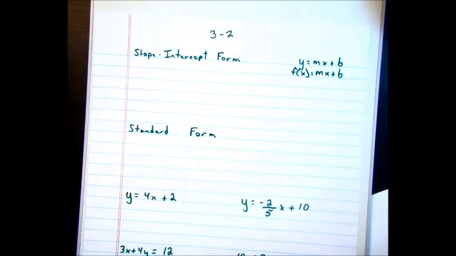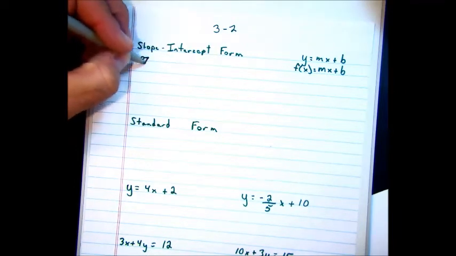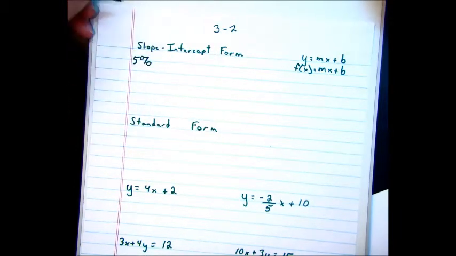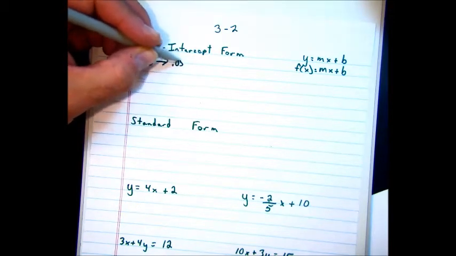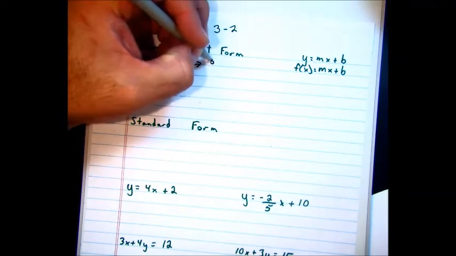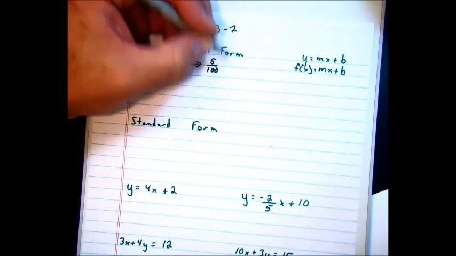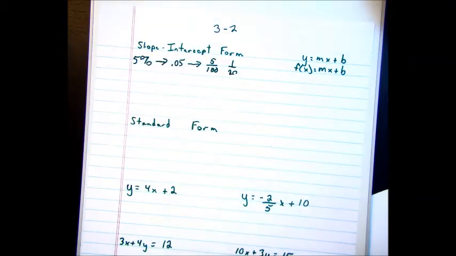It's just like when we had percents, and you needed to write it as a decimal, and then we needed to write it as a fraction, which would be 5 over 100. And of course, you then had to reduce it, so it was 1 over 20. Okay?